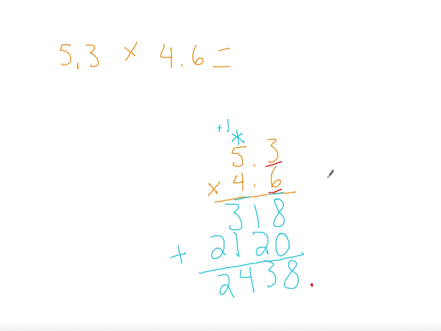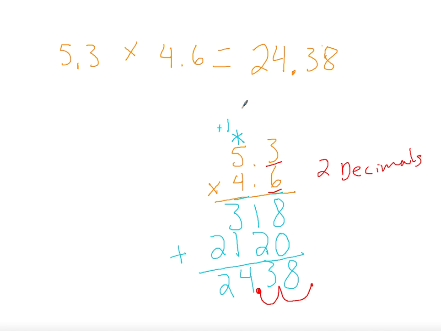So it's a total of 2 decimals. So I'm going to take this decimal and I'm going to move it 1, 2. That's where I'm going to put my decimal. So 5.3 times 4.6 equals 24.38.